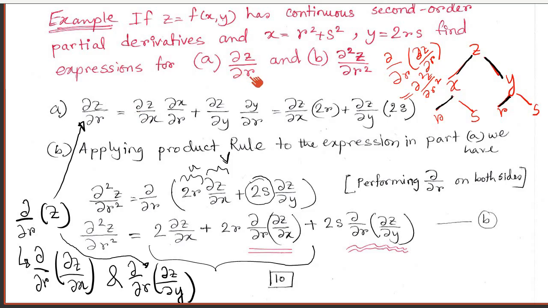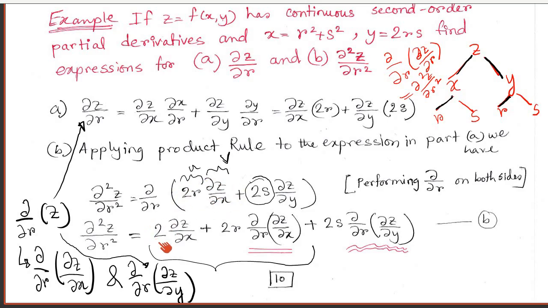What will the right hand side be? Differentiate this, or maybe use this one to derive. Okay. So performing d by dr on the right hand side, we have twice r dz by dx plus twice s dz by dy. Now we have simplified this. Say this is your u, this is your v.